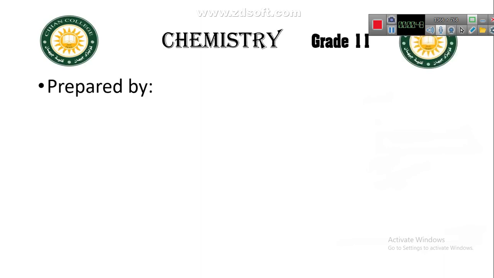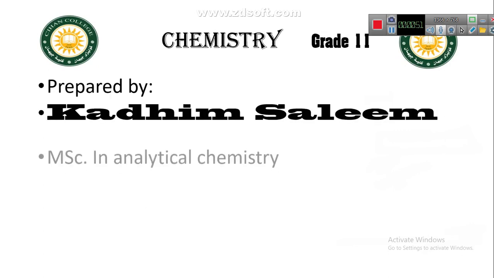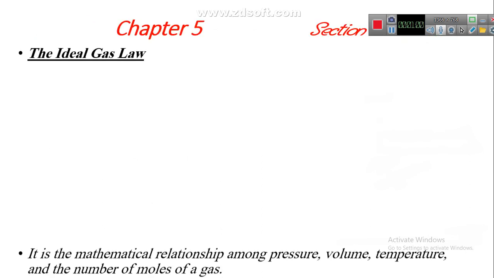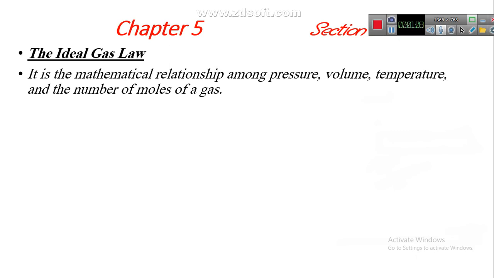The ideal gas law is the mathematical relationship among pressure, volume, temperature and amount. I think we studied this relation in the previous lesson. Then, the ideal gas law in chapter 5, section 2.